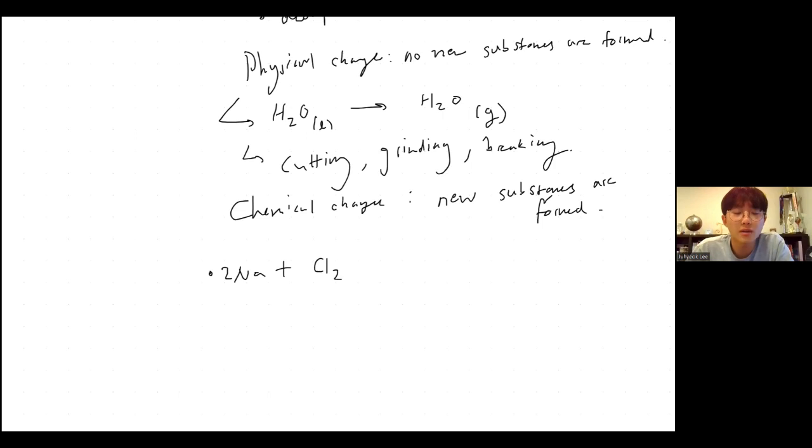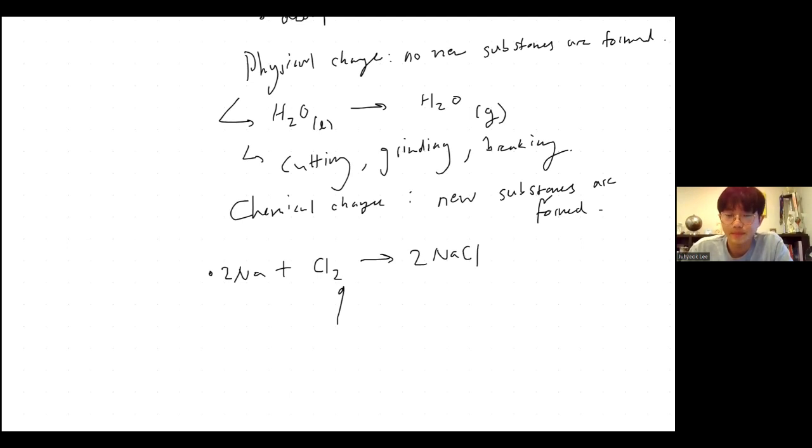I'll explain why later, why chlorine has two. It's naturally diatomic, but I'll explain more about it in future videos. This is the chemical reaction between sodium and chlorine gas, and it makes sodium chloride, right?